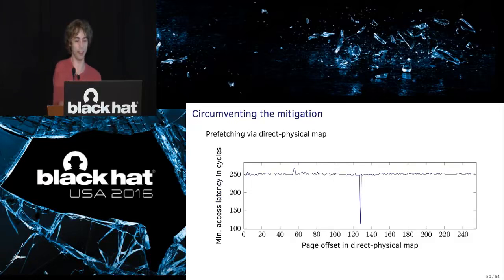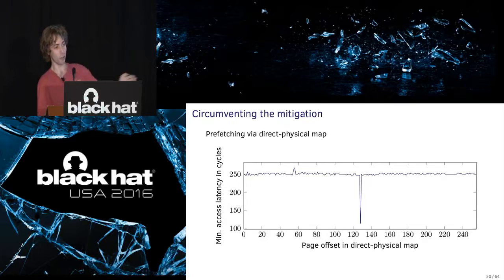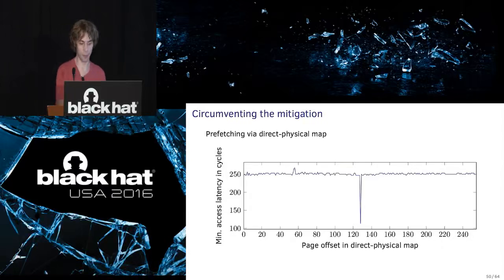And when we do that, we find that this is a very straightforward attack. It didn't take me much time to get this running, and I also talked to other people who reproduced this in a very short time. You just iterate over the direct physical map, and it gives you the direct physical map address that maps to the same physical location.